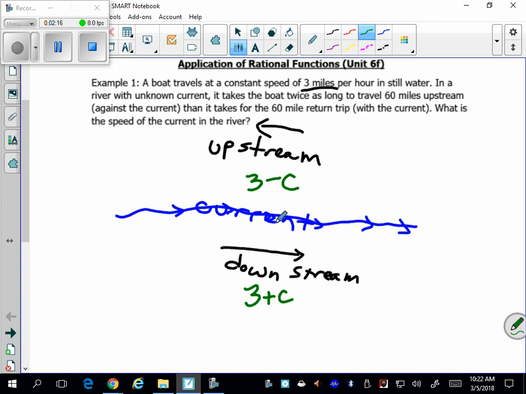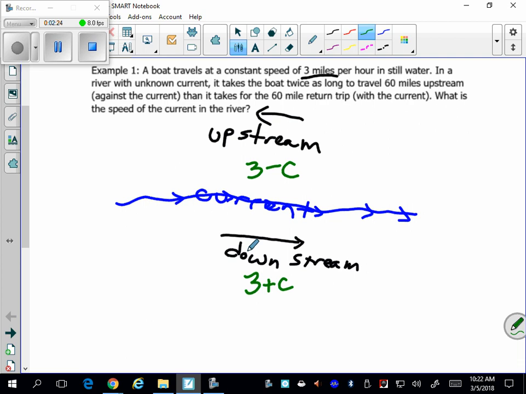So we've used the 3 miles per hour, and we're talking about as the boat goes up the stream and down the stream. Now another thing we have to talk about is what kind of formula we are going to use. Well, one formula that's pretty easy with this is distance. To figure out our distance, you have the speed or velocity times time.